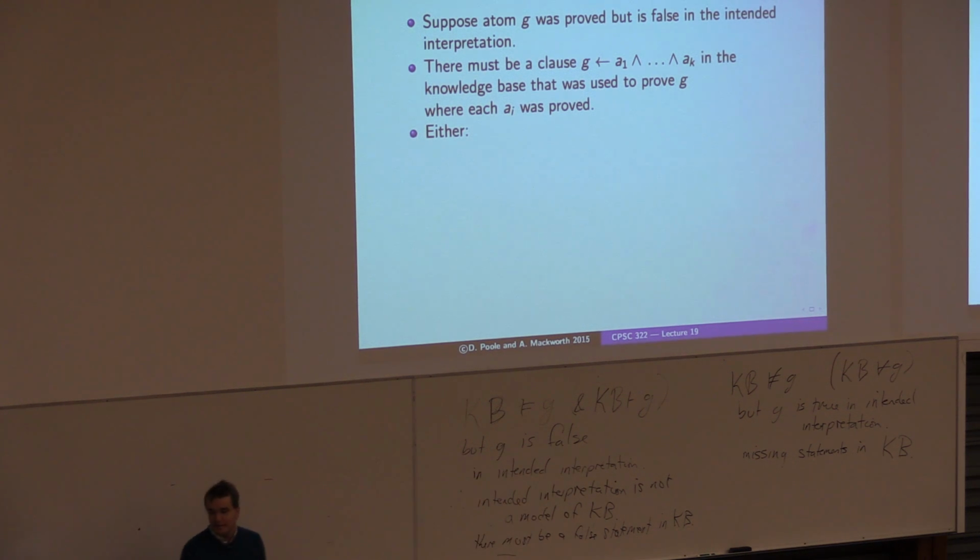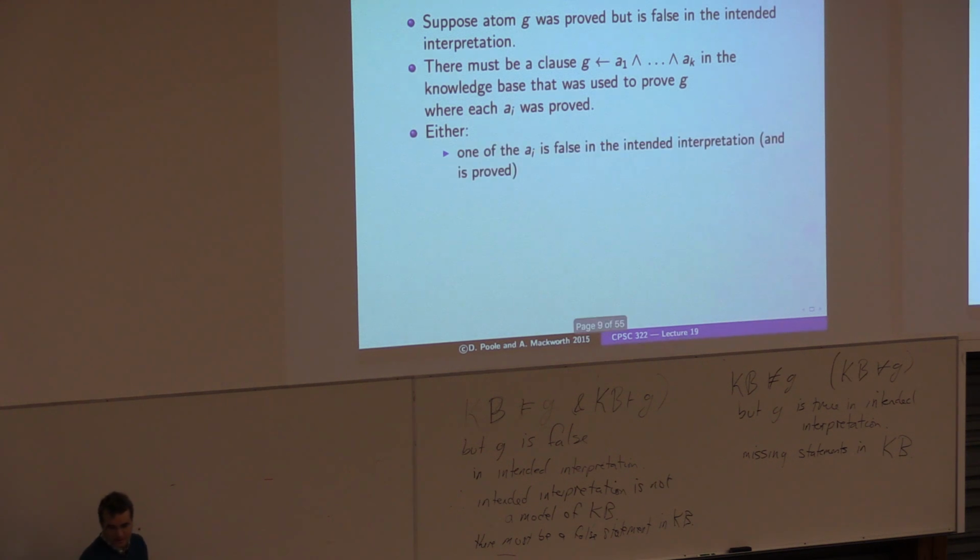So what happens then? Now we're going to do this reduction. There's a clause in the knowledge base. Each AI was proved. What do we know about each AI? Do they logically follow from the knowledge base or not? What about these AI things, A1 down to AK? There are two cases for these AIs. Either one of them is false in the intended interpretation, or what's the other choice? Well, one means one or more. One is false.